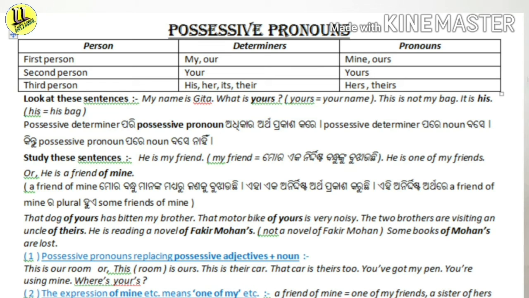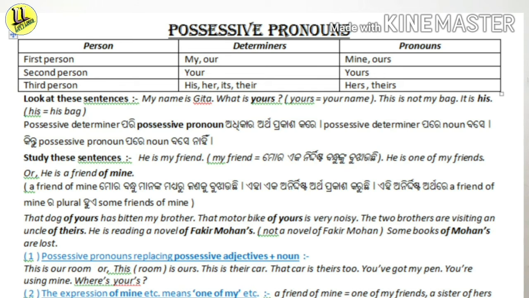Then there are some other examples you can see. That dog of yours has bitten my brother. Dog of yours. Mark it. Then another example. That motorbike of yours is very noisy.